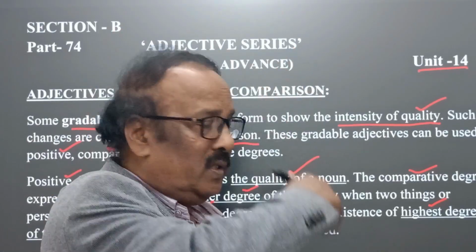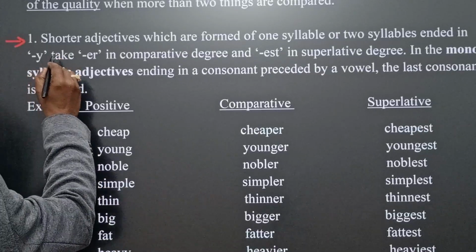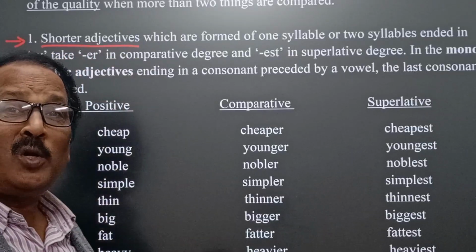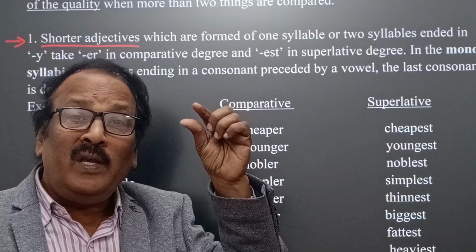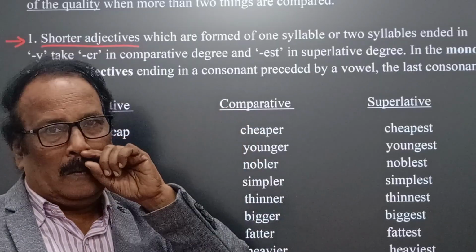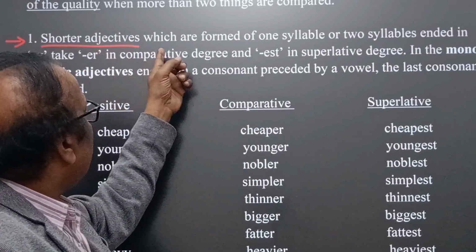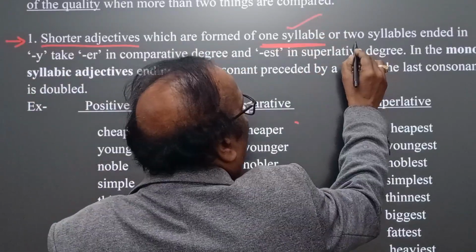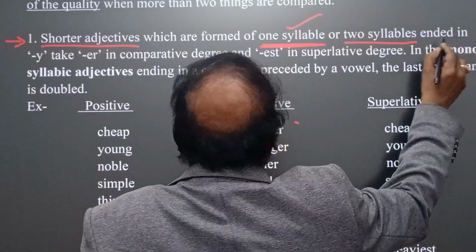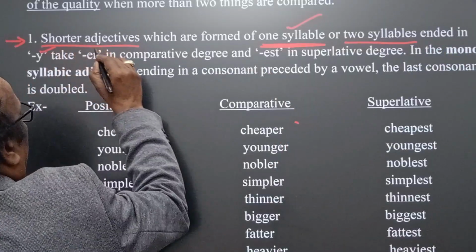Yes, now see how. Point 1, shorter adjectives. What do you mean by shorter adjectives? Means adjectives having one syllable. Okay, shorter adjectives which are formed of one syllable or two syllables ended in y.